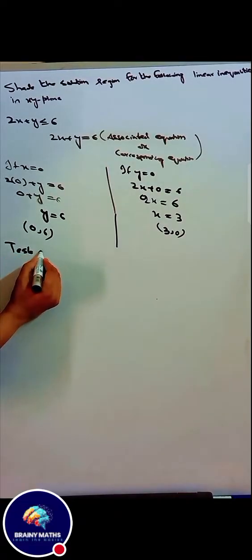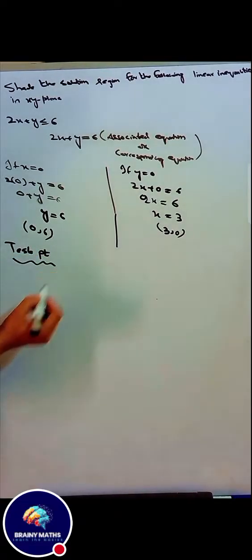Alright, before representing this on the xy plane, you must check this out. Is this true or false? And what's the procedure for it? This is called a test point. You have to remember, this is called a test point. PT means test point.